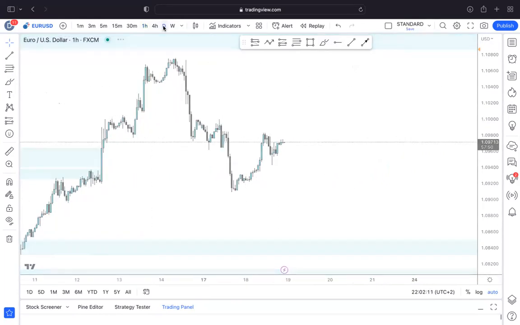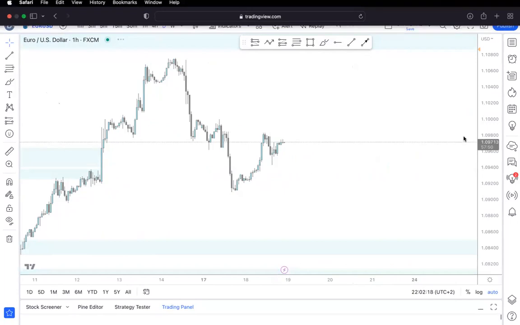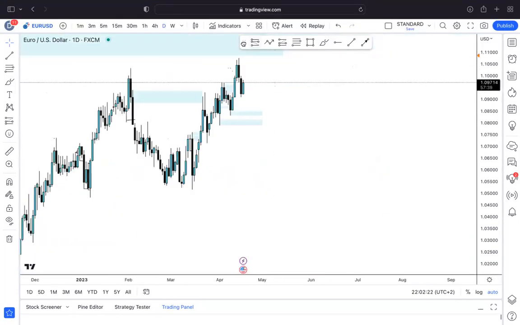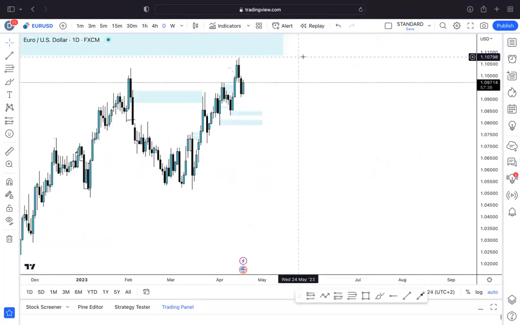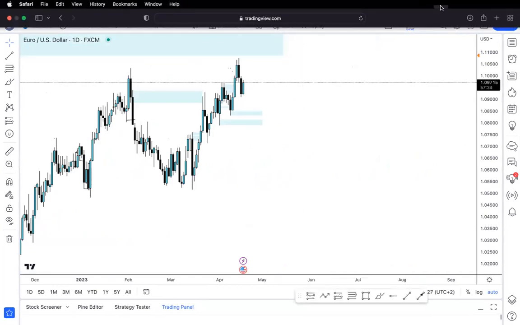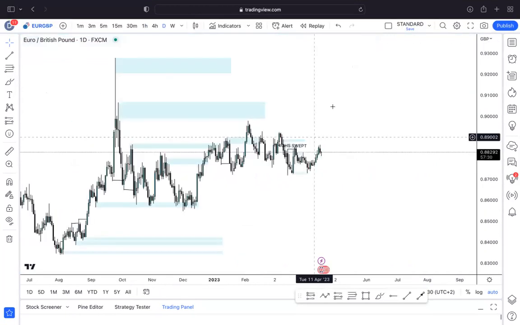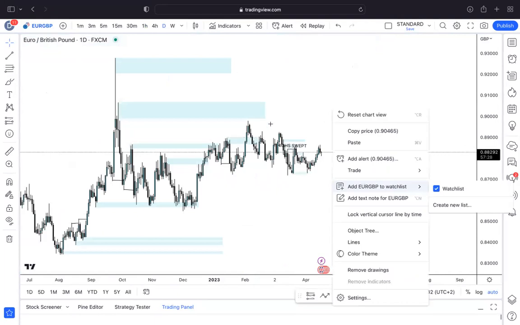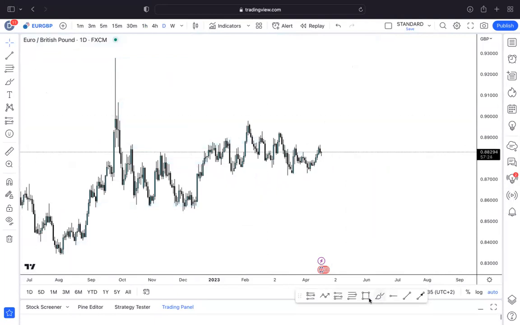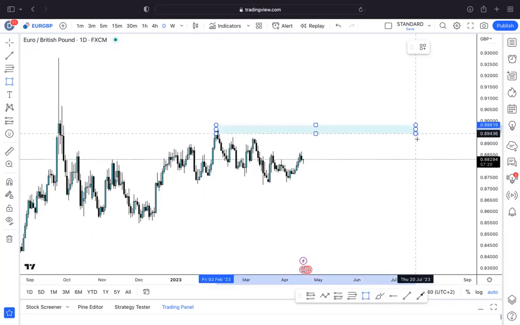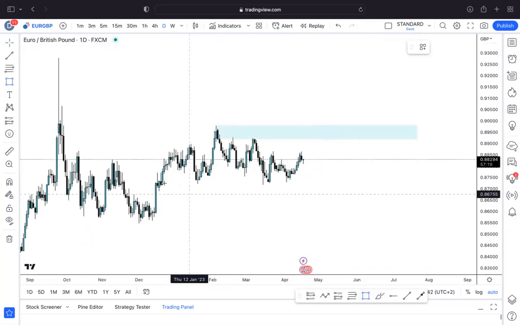So Euro USD. This order block, the daily one. Euro, Great British Pound. So daily, this zone here, and then this one.